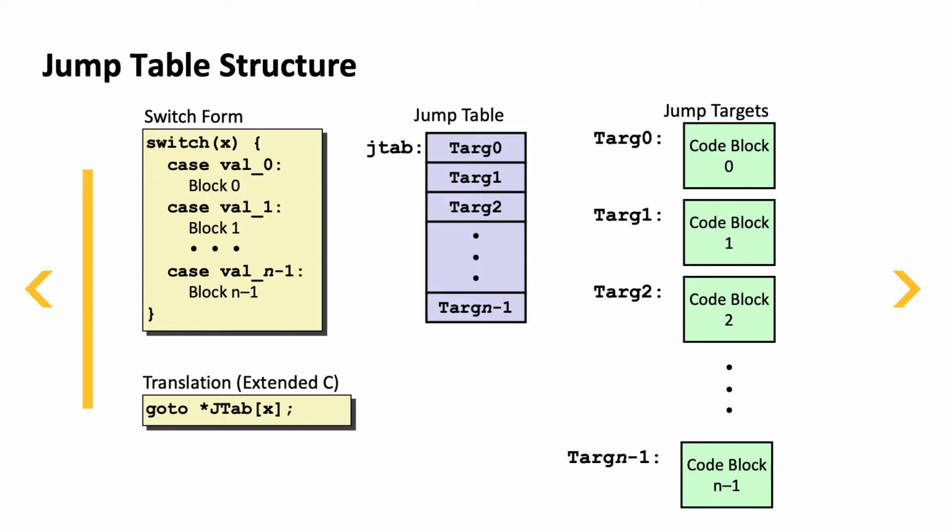Now, we'll have a jump table out there somewhere, and that's got the addresses or labels for all of those targets, target 0 through target n minus 1.